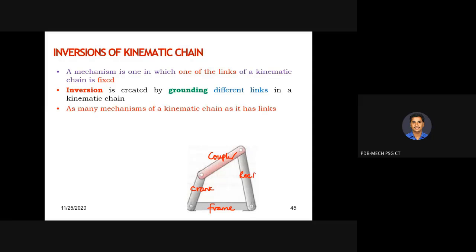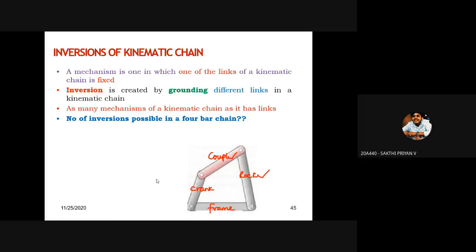For each one we are going to fix different links and observe the other motions. So how many inversions are possible in a 4-bar mechanism?